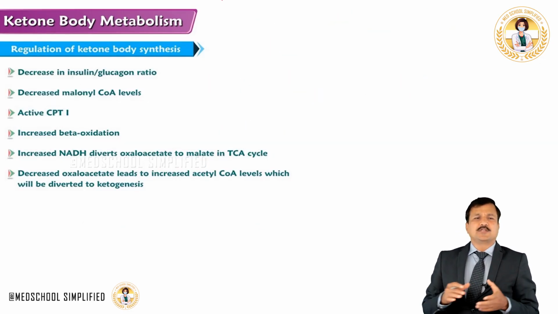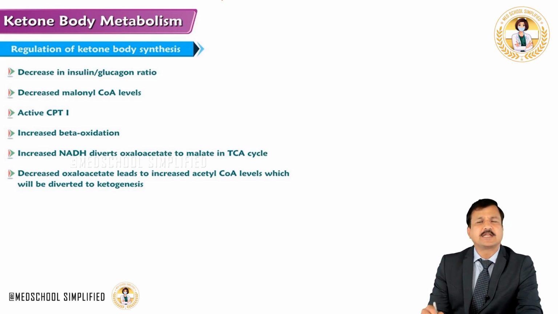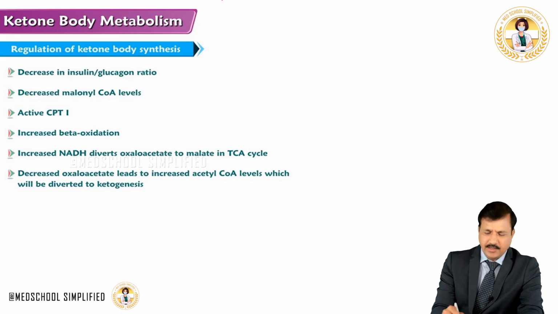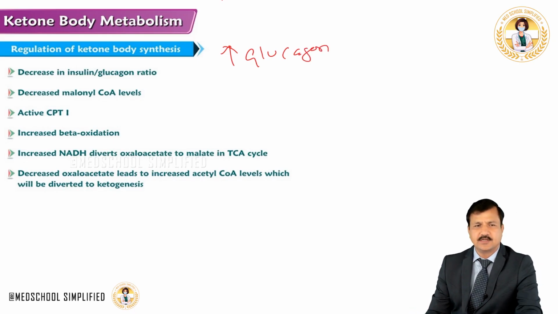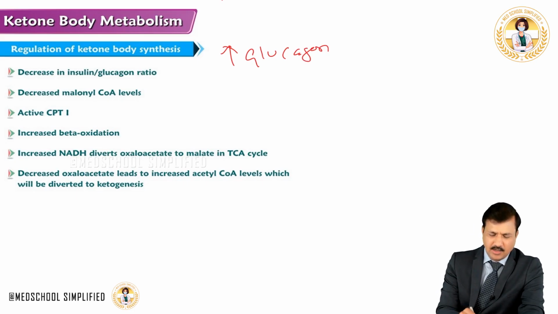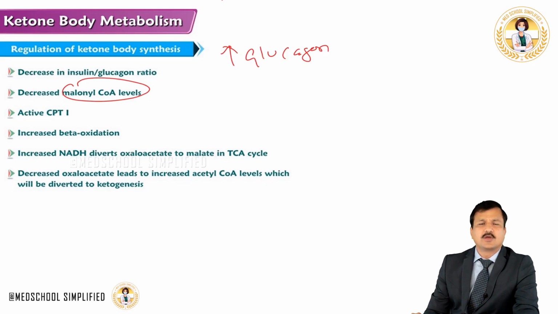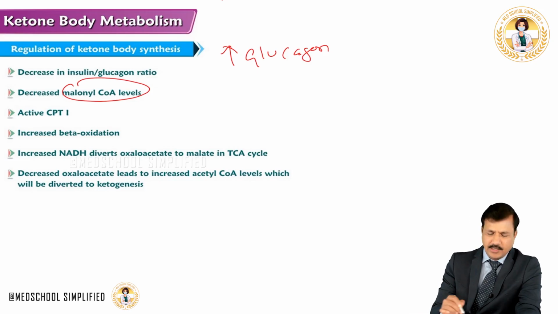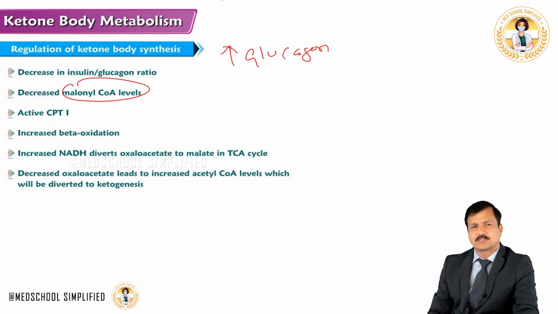Now the regulation of ketone body synthesis is by the insulin-glucagon ratio, especially when there is a decrease in insulin-glucagon ratio. Meaning, whenever there is an increase in glucagon, glucagon is going to promote fatty acid oxidation, because glucagon is going to maintain low malonyl-CoA levels, and this low malonyl-CoA level is going to free the carnitine palmitoyl transferase 1 enzyme, because you know whenever there is high malonyl-CoA it has a negative effect on CPT1, that is carnitine palmitoyl transferase 1, which allows fatty acids to go into the matrix of mitochondria for beta oxidation.